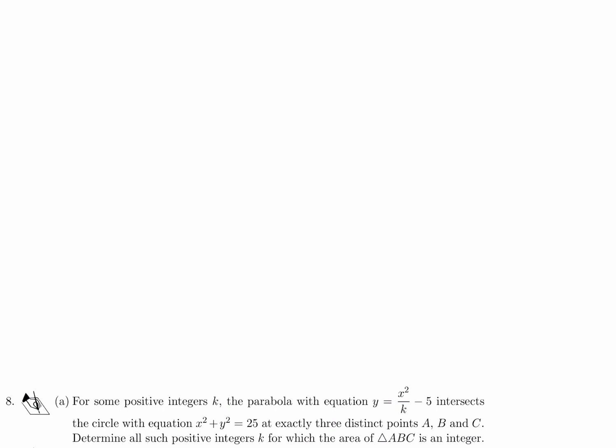Well, let's draw a little diagram and try to understand this question. So we have a coordinate plane, and that circle x² + y² = 25 is obviously centered at the origin, so it's something like this.